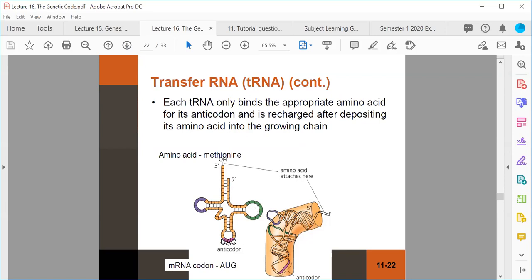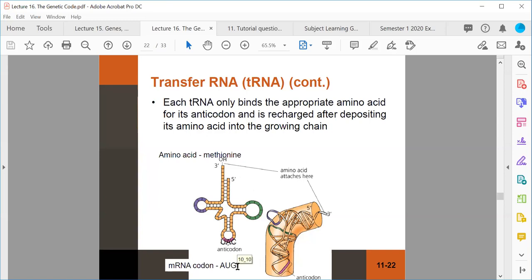So this particular transfer RNA molecule has this anticodon sequence, UAC, at this end of the molecule. And the complementary sequence to that, which you would find in the messenger RNA, is AUG.